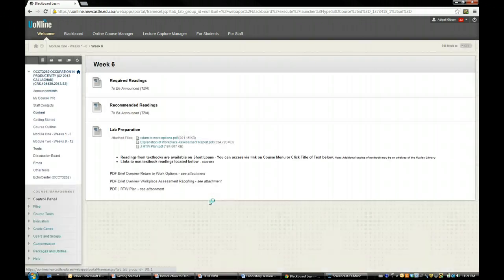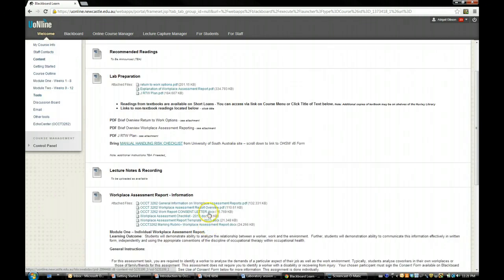So if I go into week 6, there's a lot of information embedded into the week 6 on how they would conduct their workplace assessment, a consent letter they need to sign, a checklist they can use when they go out to the workplace, and also their rubric, the marking rubric that we will be using.